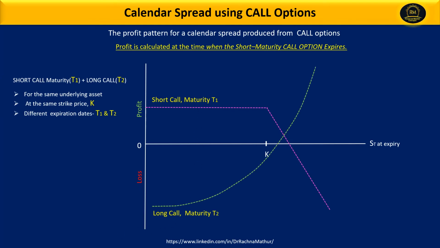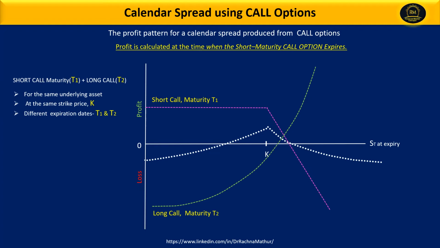Now we see the long call with a higher maturity. This long call with a higher maturity has a different shape. It is a smooth curve moving upward. It is no longer a kink-shaped curve when we draw a calendar spread for a longer maturity. As soon as we buy a call, the long call, the amount is debited from our account.